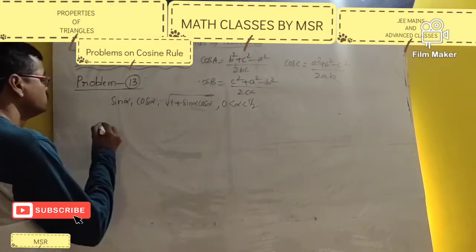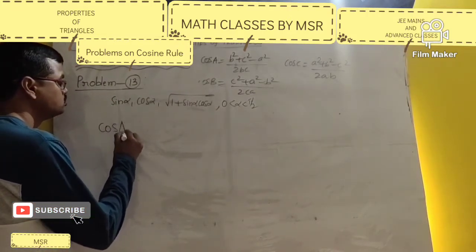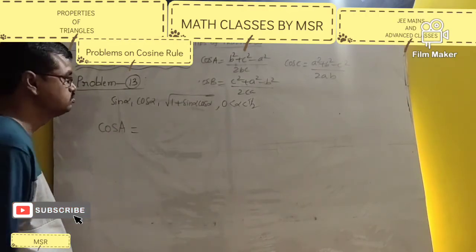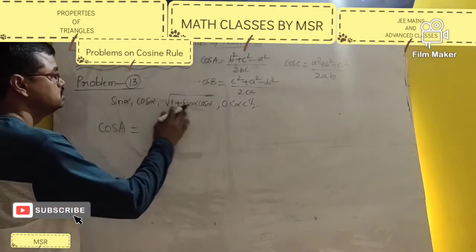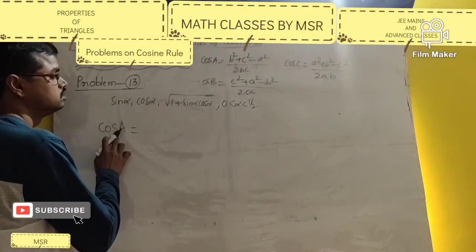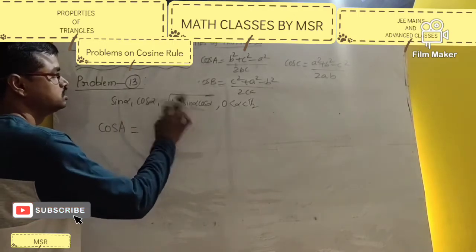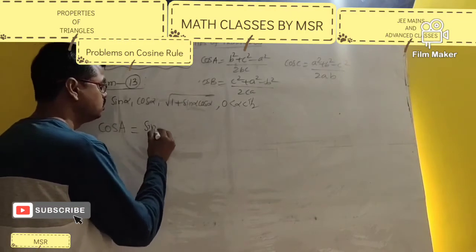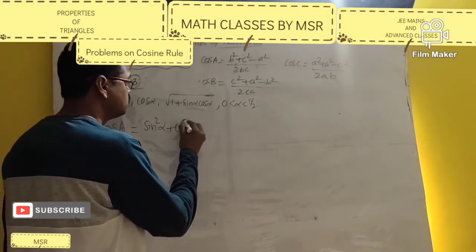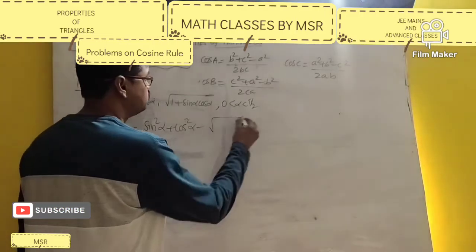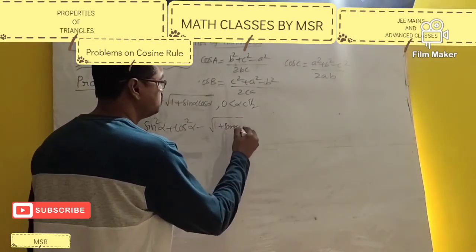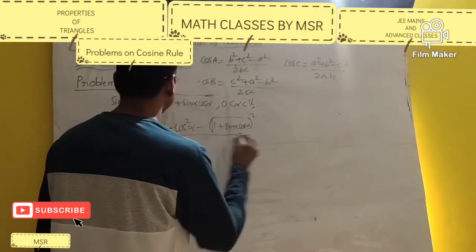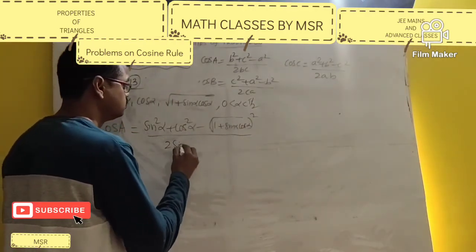So let us say some angle A. Cos A equals, applying the cosine rule for these three sides, suppose this is the angle opposite to this side: this square plus this square minus this square, that is sin square alpha plus cos square alpha minus (square root of (1 plus sin alpha cos alpha)) whole square, by 2 sin alpha cos alpha.